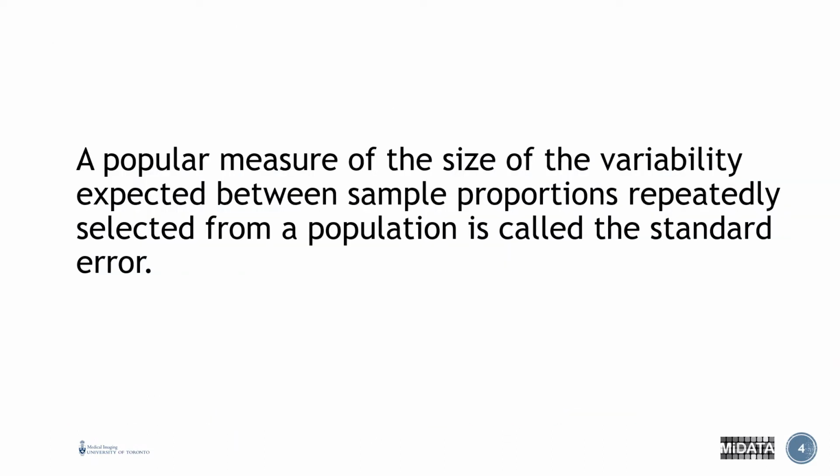So what is this standard error, and why do we need it? So we saw in the previous slide that the standard error is useful because we use it to calculate confidence limits, and we also use it to perform a test of significance. But what is it? So really what it is, it's the size of the variability between sample proportions that are repeatedly selected from a population.